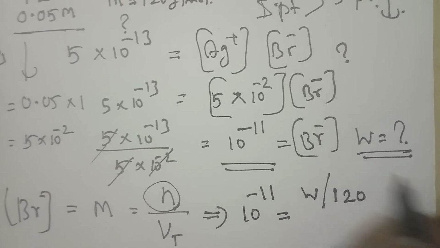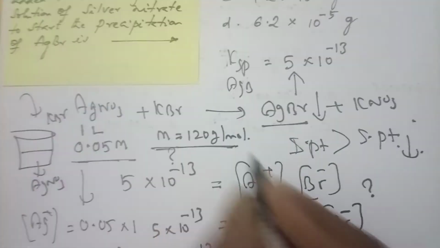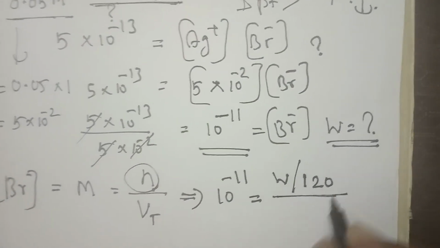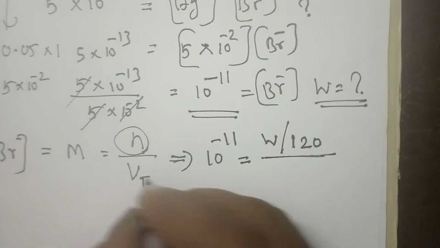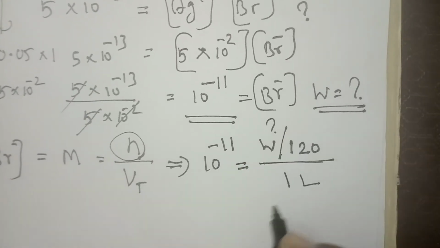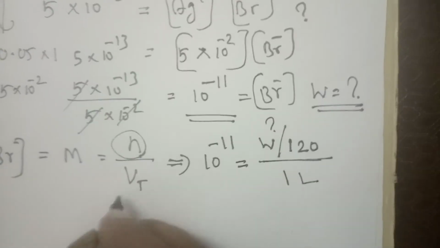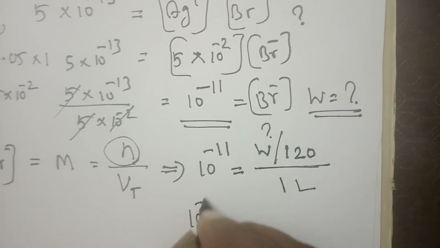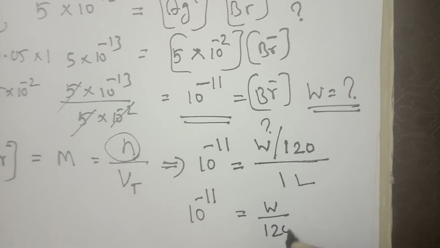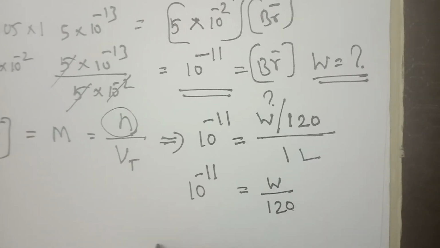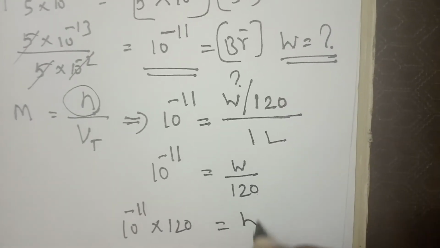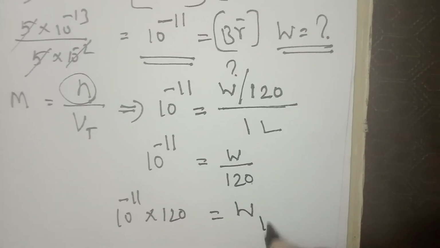Molar mass is given as 120 gram per mole. This is the number of moles divided by the total volume, given as 1 liter. Now bring the 1 to the other side. So 10 power minus 11 into 1 is equal to W by 120. So W is equal to 10 power minus 11 into 120, which is the amount of potassium bromide.